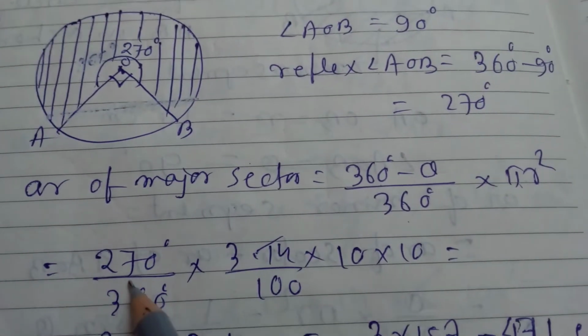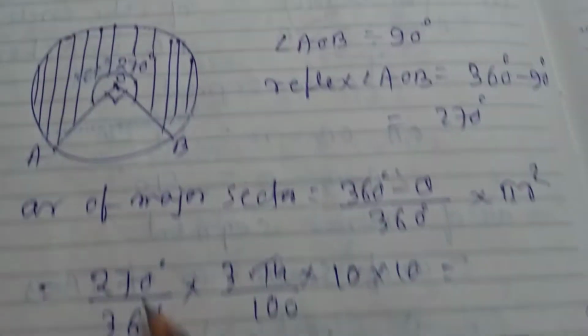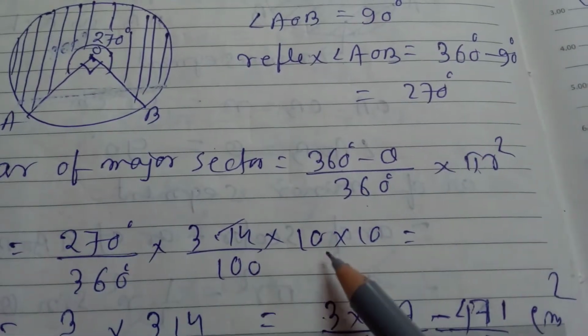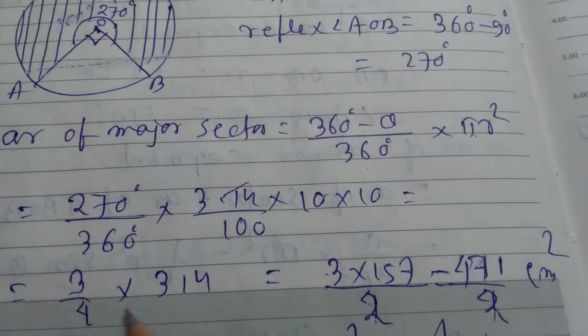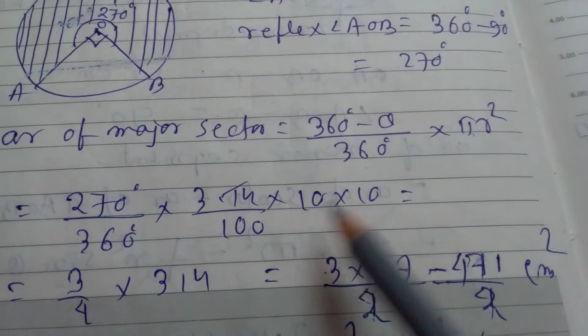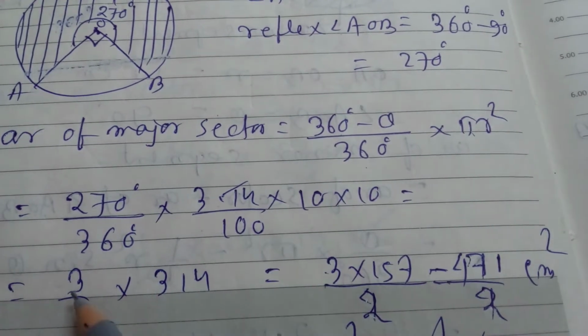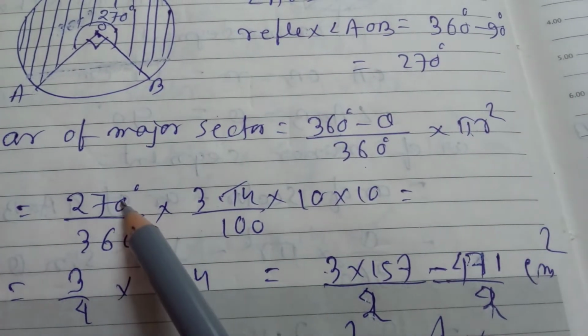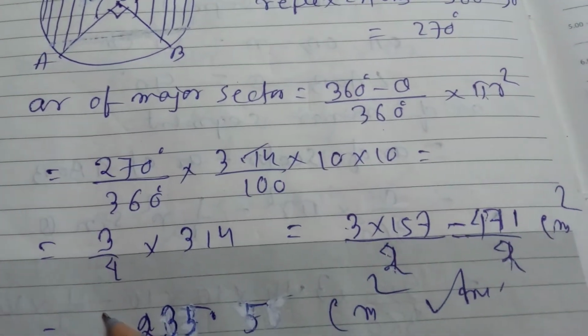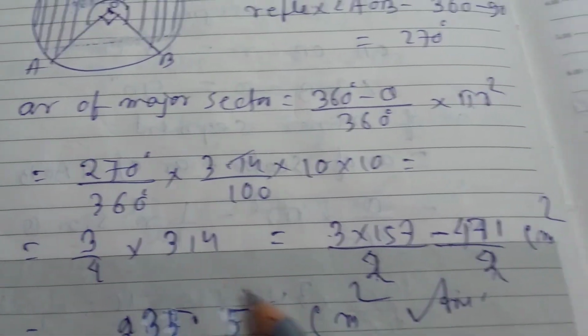Now put the values. 360 minus theta is 270 degrees. So 270 by 360 into 3.14 into 10 into 10. Now after calculation you remove the point and write here 100. And 0 cancel. 9 3s are 27, 9 4s are 36. 3 by 4 into 314.